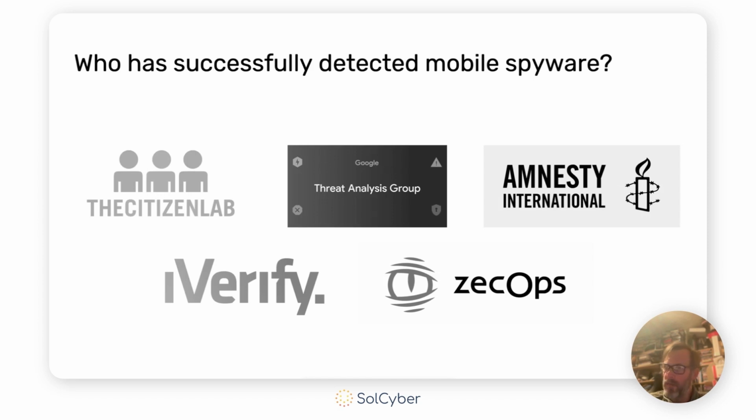So they have not really done much since that acquisition. And when you don't do much for almost 2 years, you start to lose ground to your competitors, iVerify being the only other competitor out there. And we now have many, many more detections and capabilities than ZecOps did.